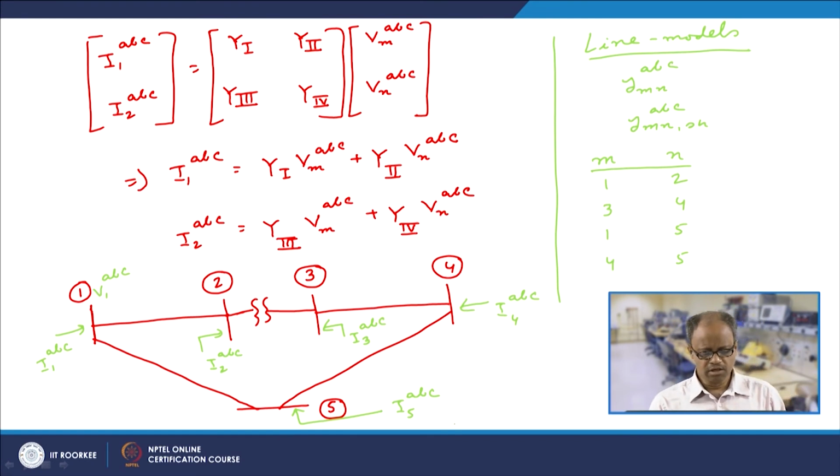So with this we are now ready to find the bus admittance matrix.